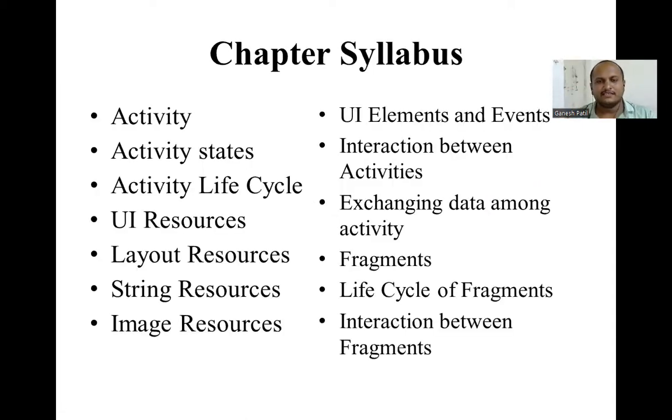Okay. In this chapter, the syllabus is: activity states, activity life cycle, UI resources, layout resources, string resources, image resources, UI elements and events, interaction between activities, exchanging data among activities, fragments, life cycle of fragments, and interaction between fragments.